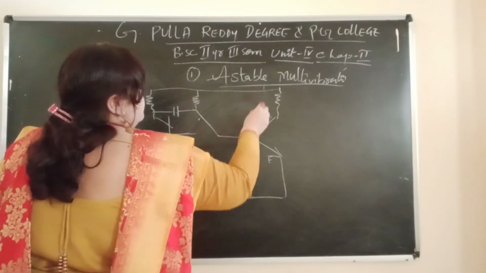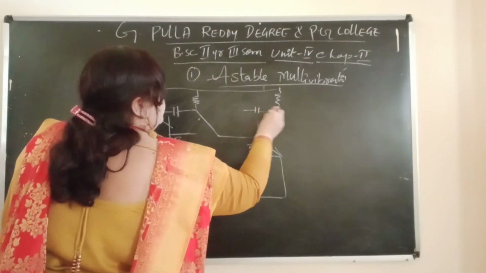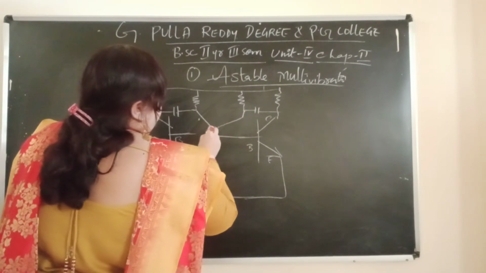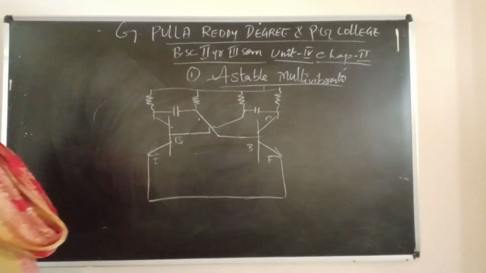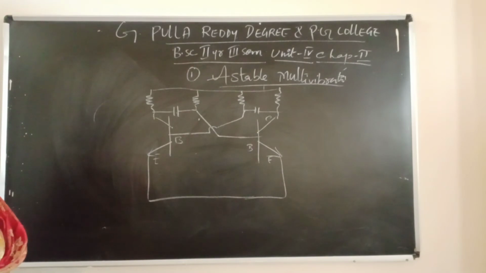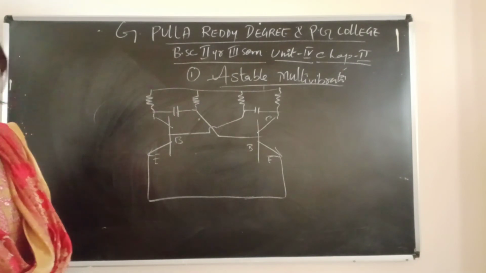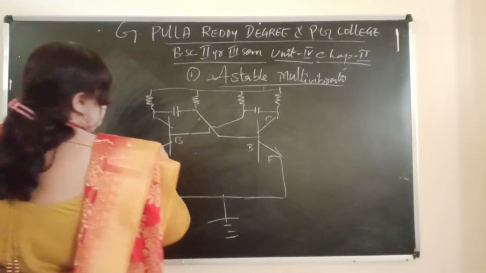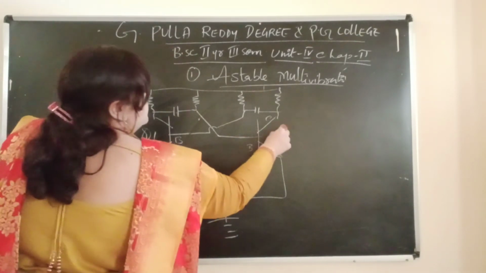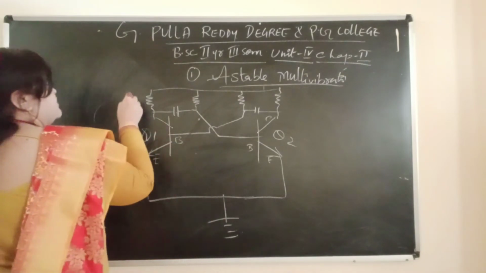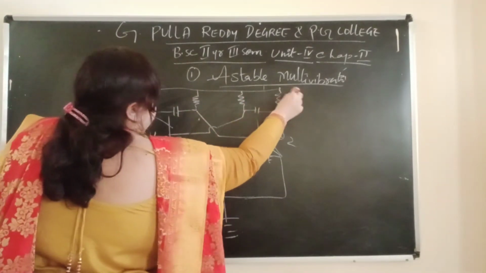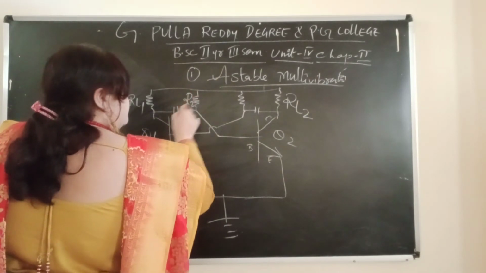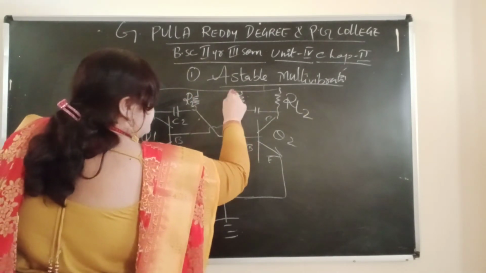Then from here draw one capacitor, a resistor also you draw, then connect this to here. So this is the diagram for your astable multivibrator transistor. Then you mark it as ground. This is Q1, this is Q2, this is load resistance RL1, load resistance RL2, this will be R2, C2, this will be R1, C1.